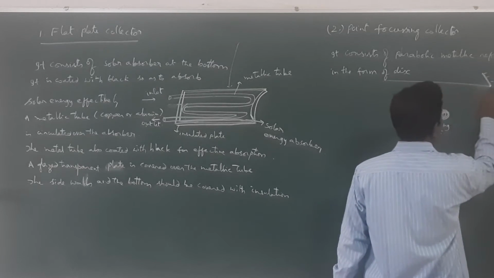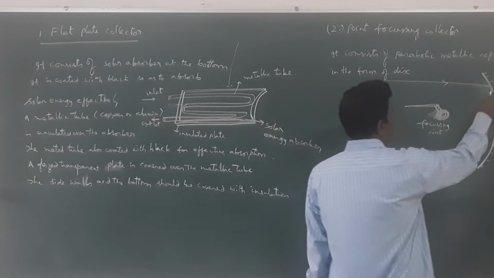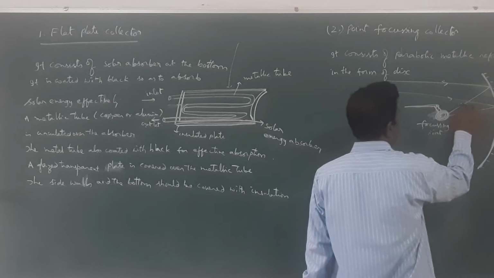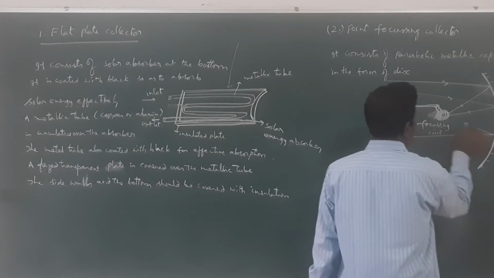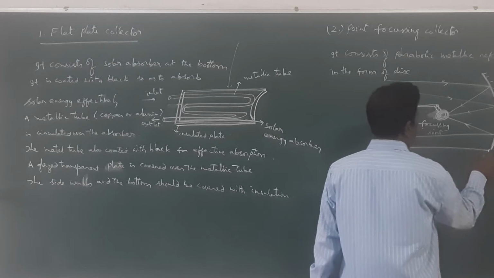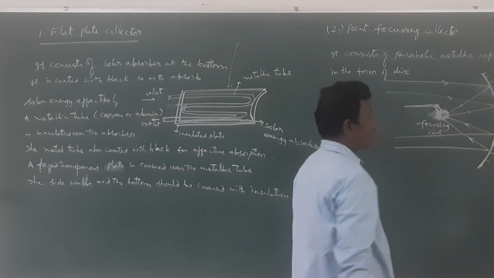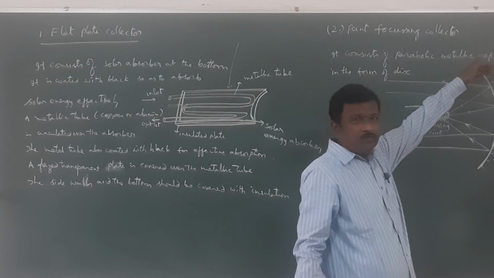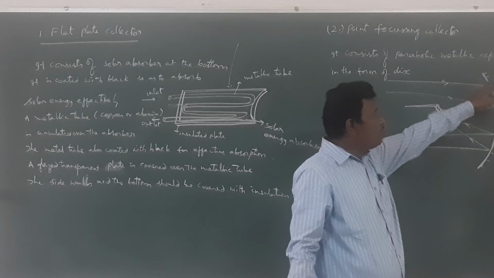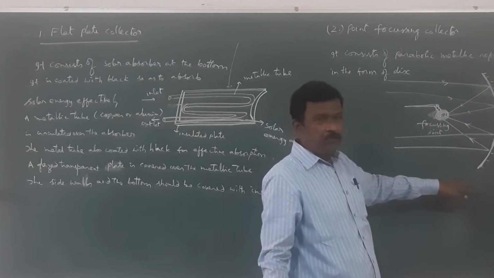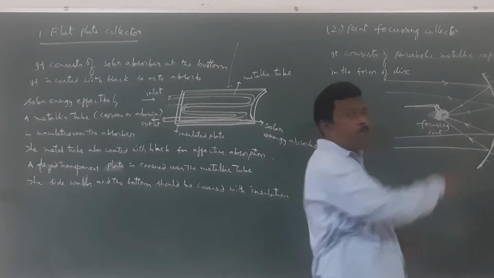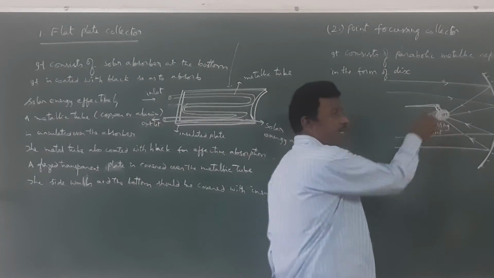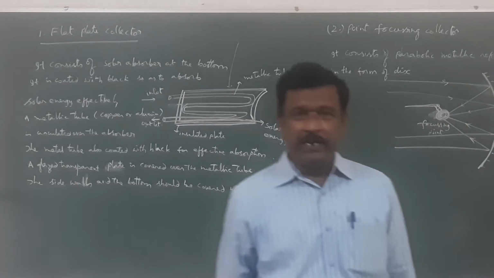When solar radiation is incident on the disk, it is reflected and focused into a fine beam. As the solar energy collected over the wider area of the disk is focused at a single point, you can have highly intense light at this focusing point.